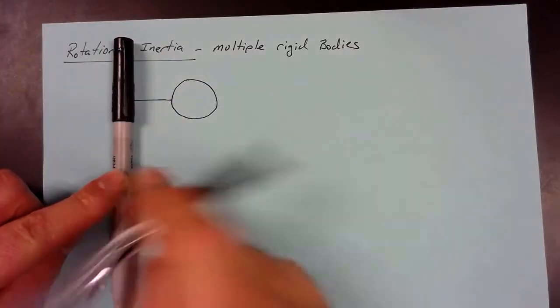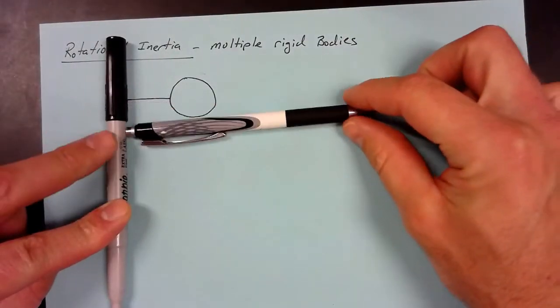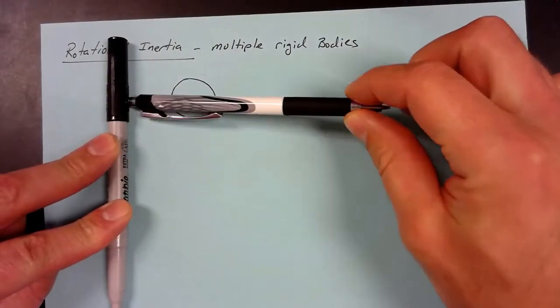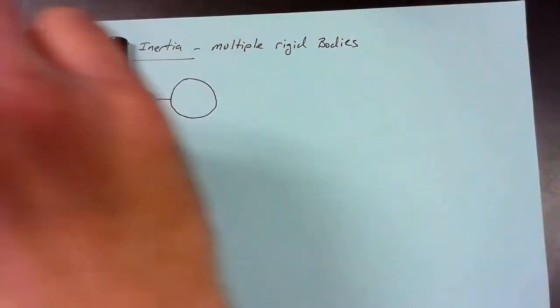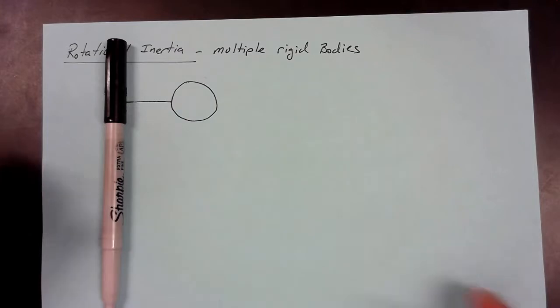All right, so if this was the axis and this was the thin rod, it would rotate this way around that axis, and there'd just be some type of hoop at the end of that.